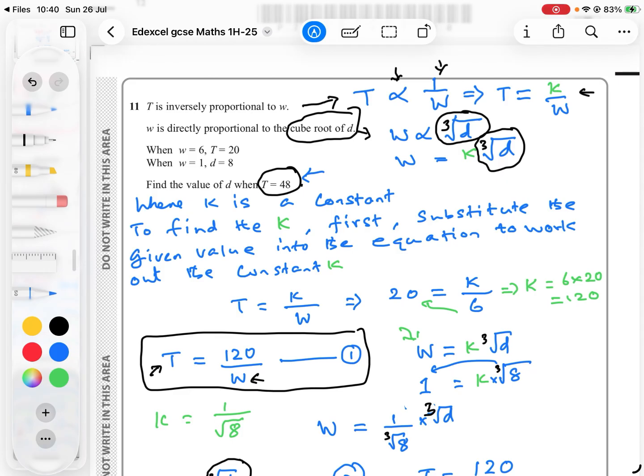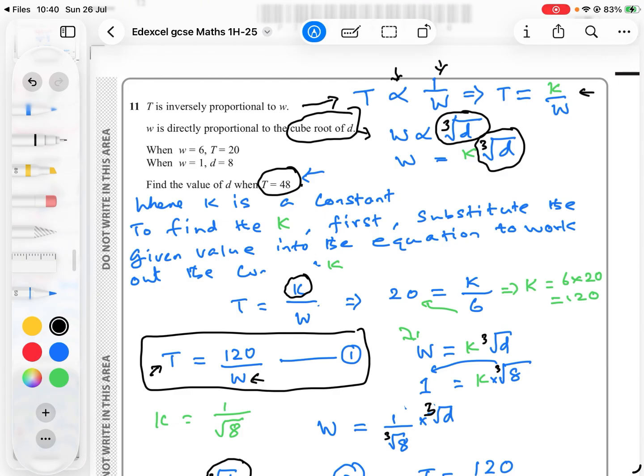First, we will work out K for this one, K over W.